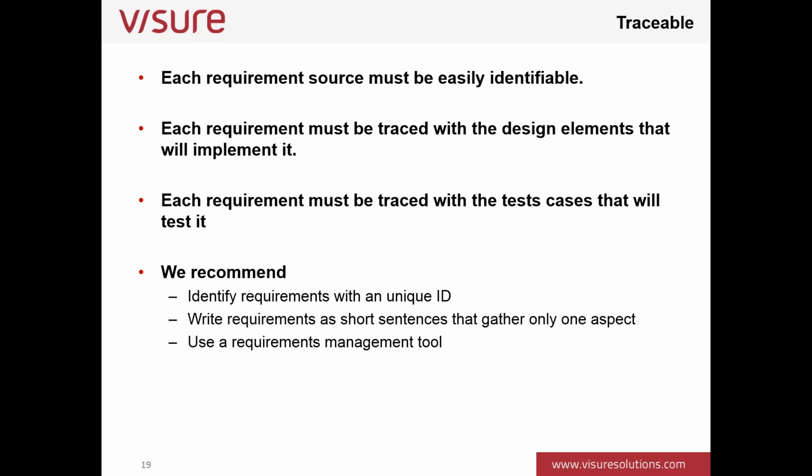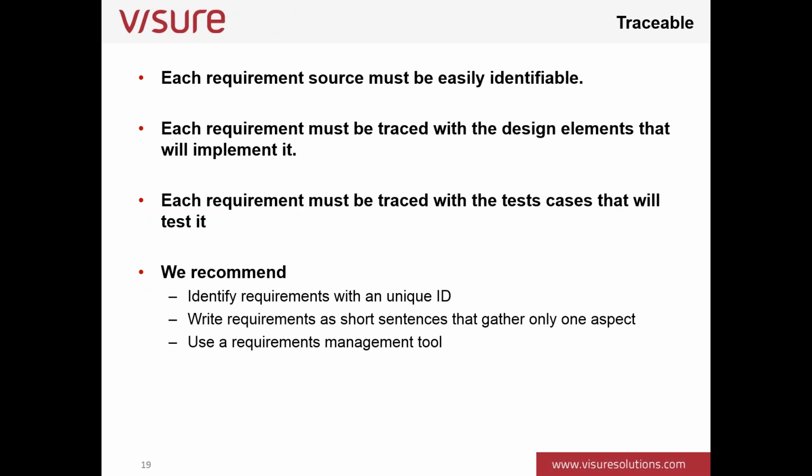For tracing the requirement, we recommend identifying the requirements with a unique ID, so we can just use that ID for creating the traces. So, for example, this test is traced with this requirement, and we identify that requirement by its ID. We recommend also writing the requirement as a single sentence that gathers only one aspect. Remember what we said about the atomic requirement? This is important here.